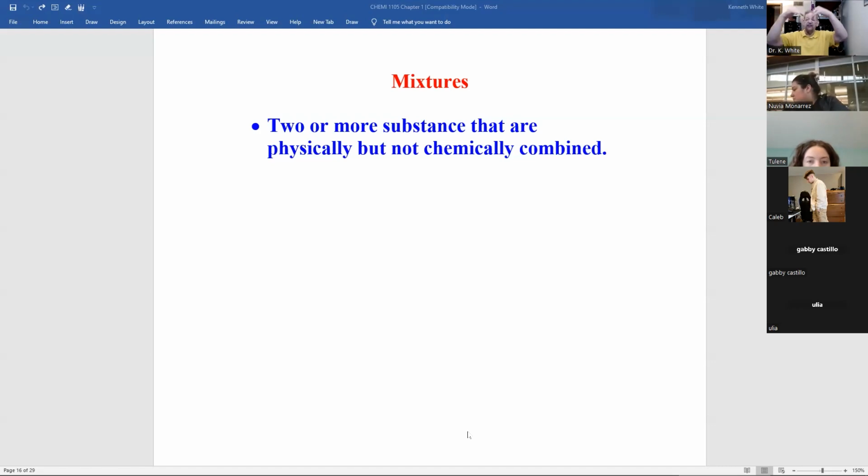In other words, you mix them together, and each one still has its own chemical identity. And how can you tell that? If I were to take, let's pick on salt today, sodium chloride, and water, H2O.